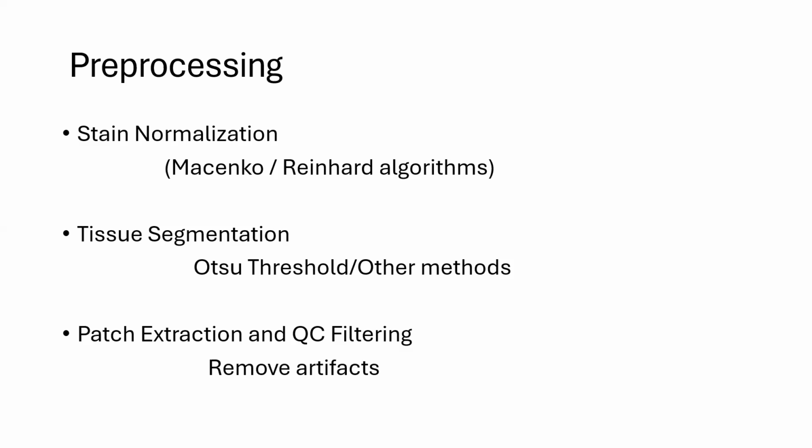But the people who are working better in this area are at Harvard Medical School, and they came up with a new algorithm like GrandQC, where they feed the image, and the QC automatically detects the artifacts or the pen markings, etc., and removes them.